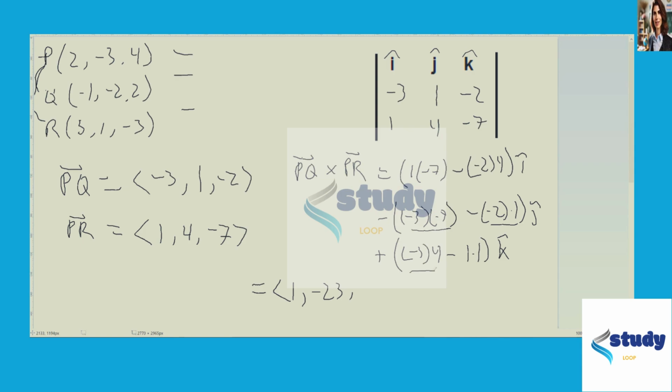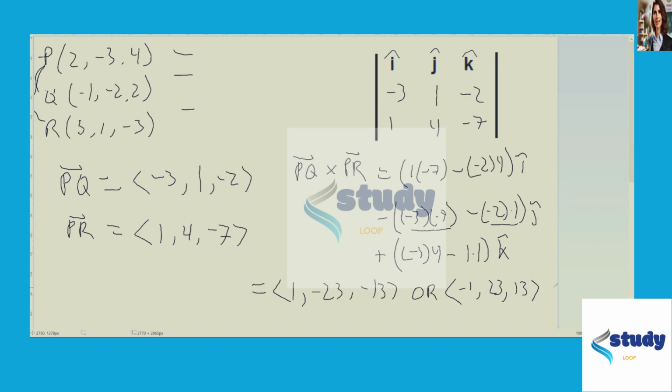And then -12 minus 1, that'll be minus 13. Equivalently, we could just use the negative of this, -1, 23, 13, or any other vector that's a scalar times either of these vectors will work.